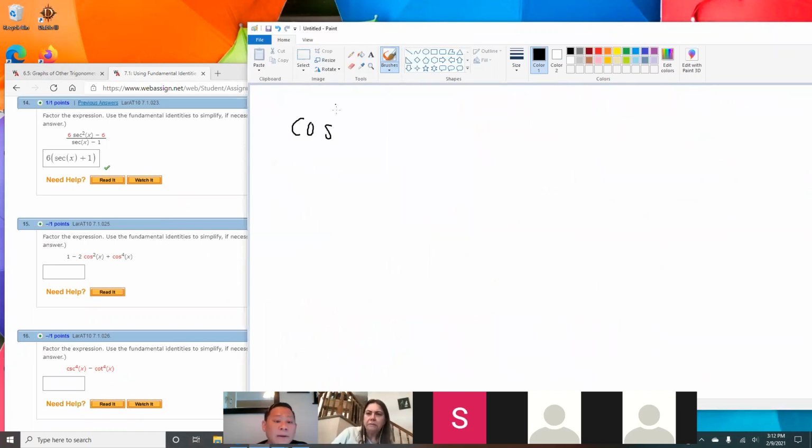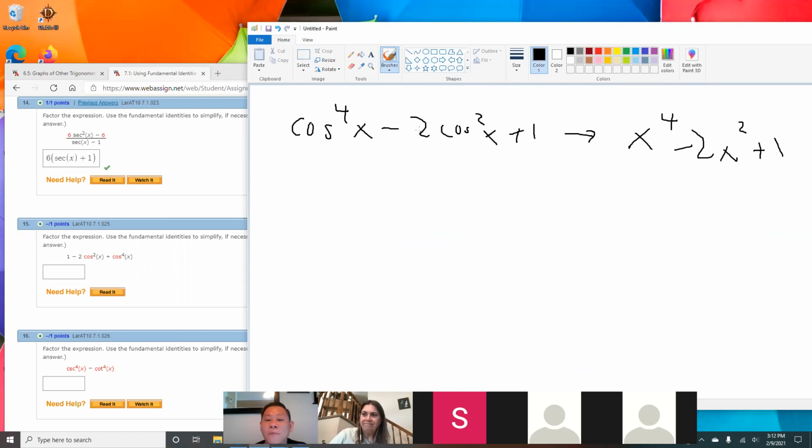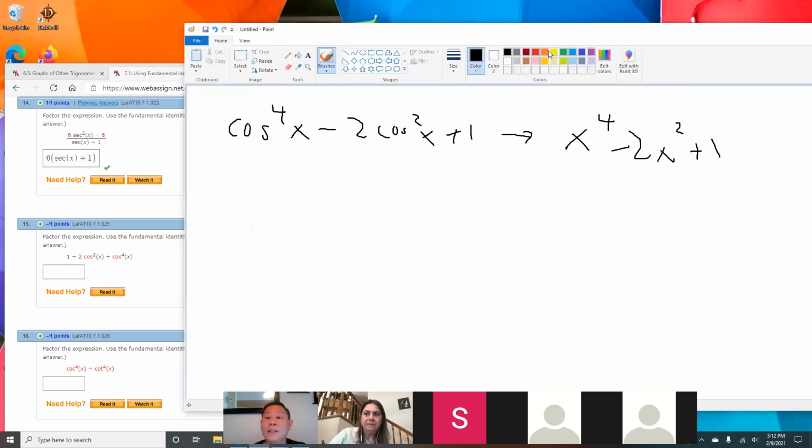So it's cosine to the fourth x minus 2 cosine square x plus 1. If you don't know how to factor x to the fourth minus 2x squared plus 1, I just get rid of all the cosines. If you know how to factor this, you should know how to factor that. If you don't know how to factor this, say goodbye to this class. I can tell you right away.